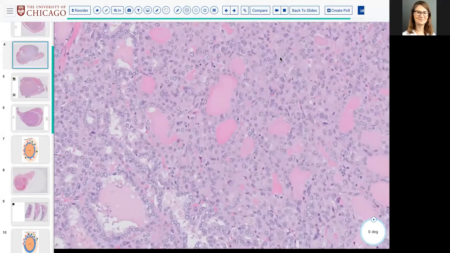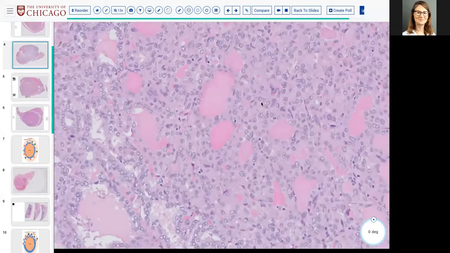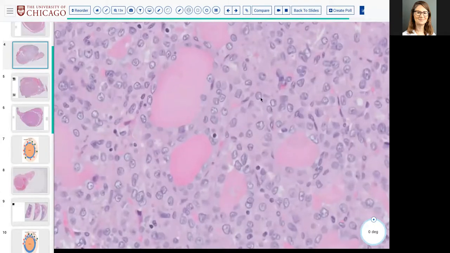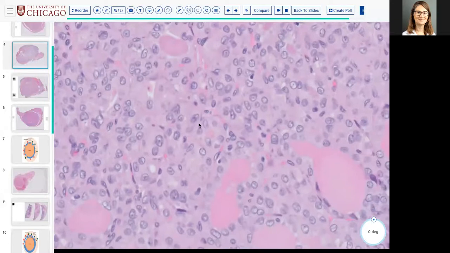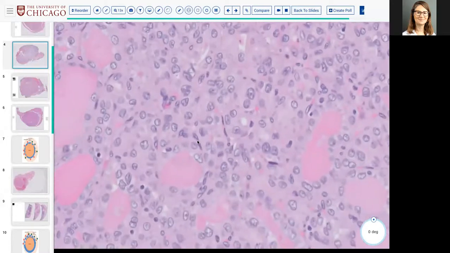Right. Yeah. So to your point earlier, this is BRAF negative, easy in our institution to do the stain because we have it. And I think we do have PTC nuclear features, exactly. And so that's the dilemma here. The PTC nuclear features in this case are similar, but maybe not quite as well developed as in the other case. There's definitely elongation, there's grooves, there's clearing. This case had a RAS mutation.